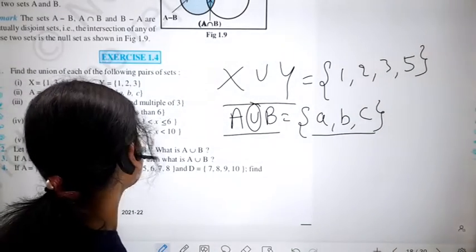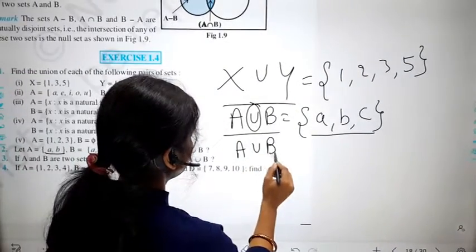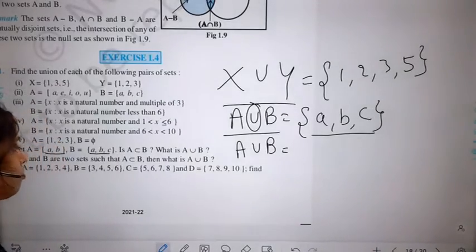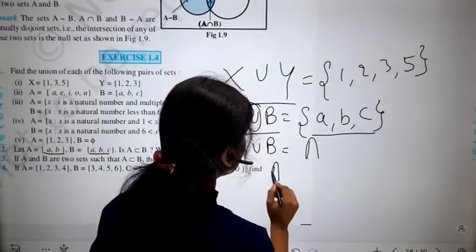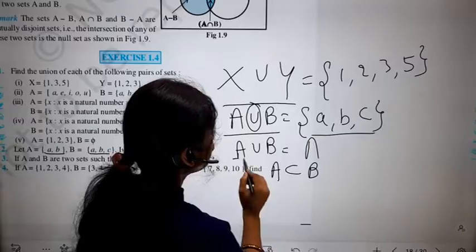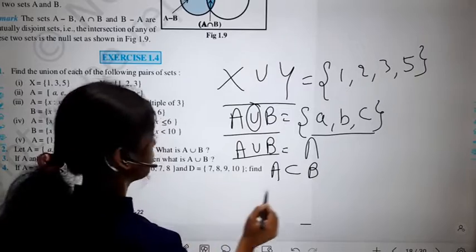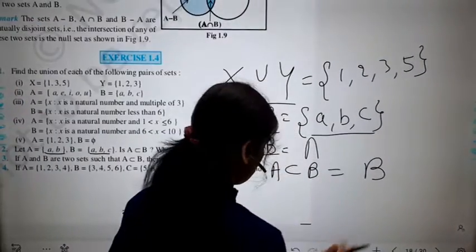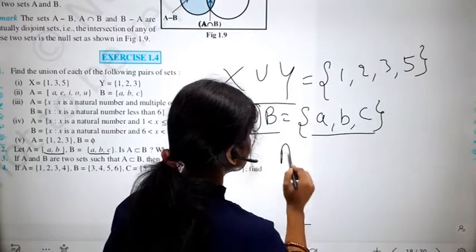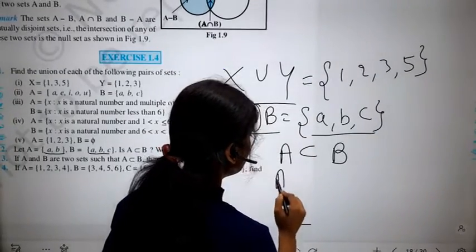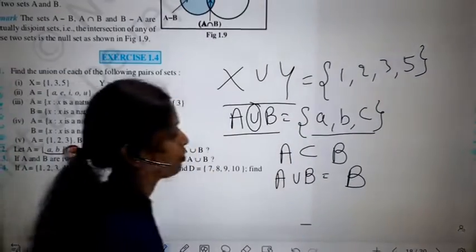Since A is a subset of B, A union B will be B. Okay.